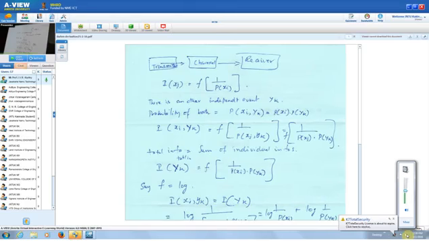The information carried out of xi and yk together should be a function of 1 by P of xi yk. So that is equal to a function of 1 by P of xi into P of yk. Do you agree for that?